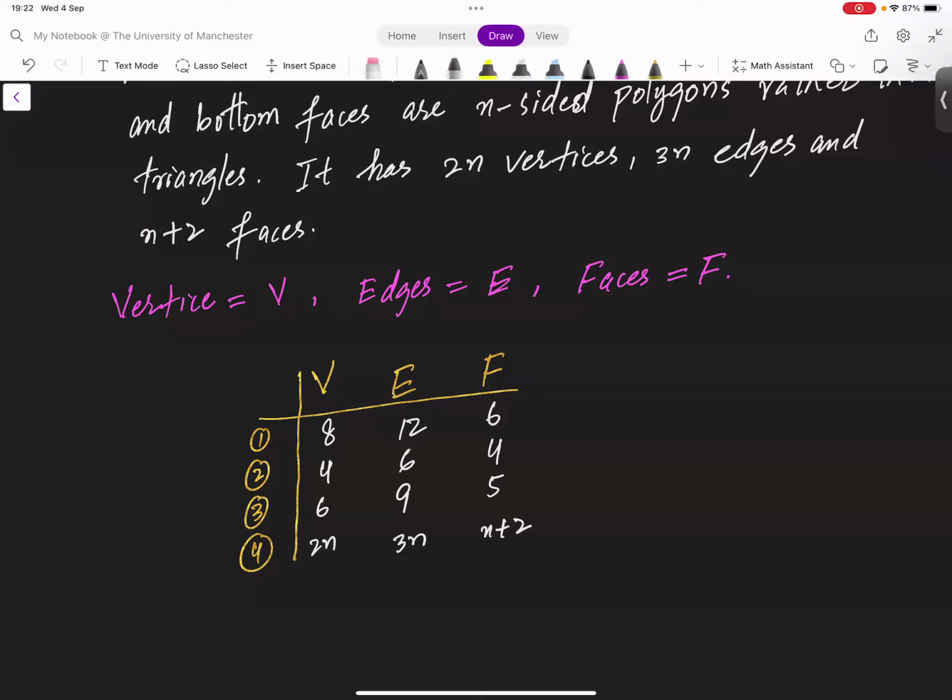Can you see the relationship between these numbers that holds in every case?